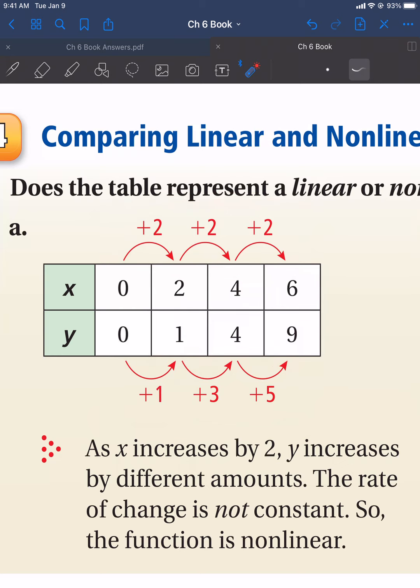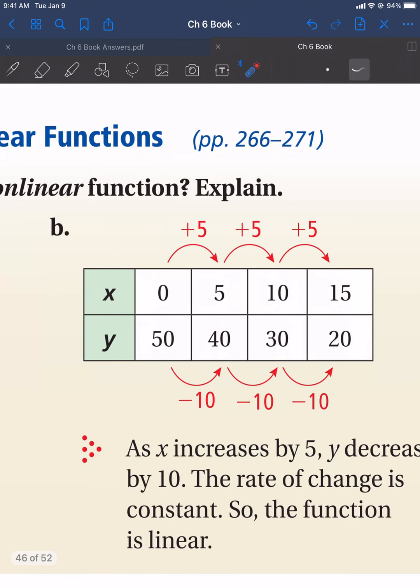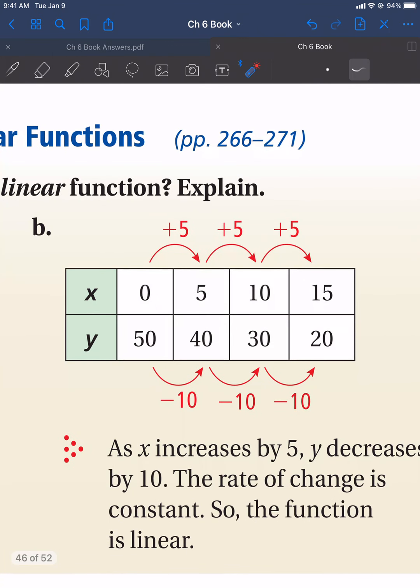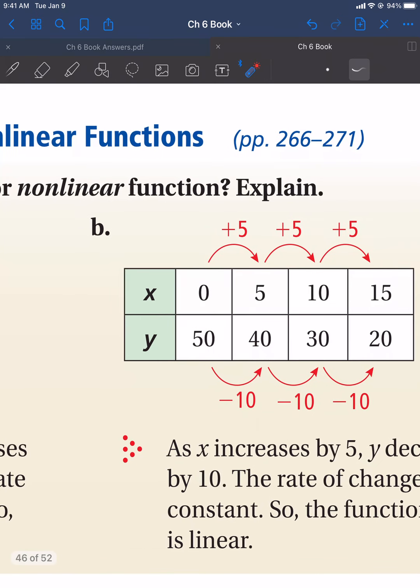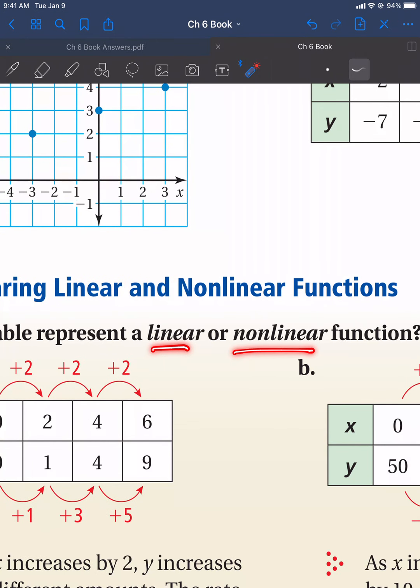So this would be a function, but it's a non-linear function. Good. How about this guy? Yes, it's what? It is. It's a function that is linear because the 5s are constant, the -10s are constant. That's great. On the quiz and on the test, this is not a yes or a no question, you guys. This is: is it linear or is it non-linear?